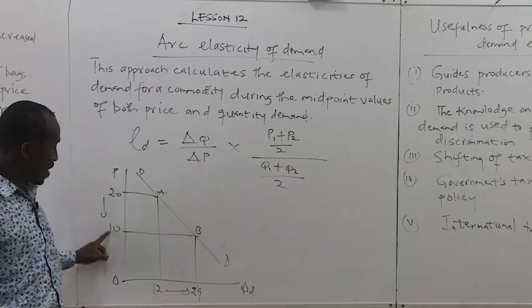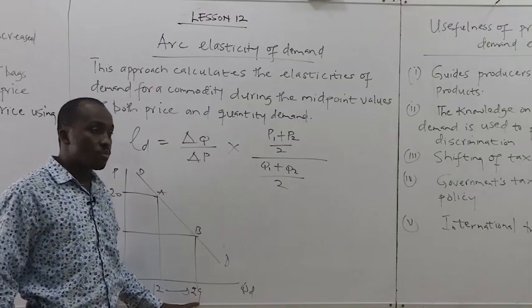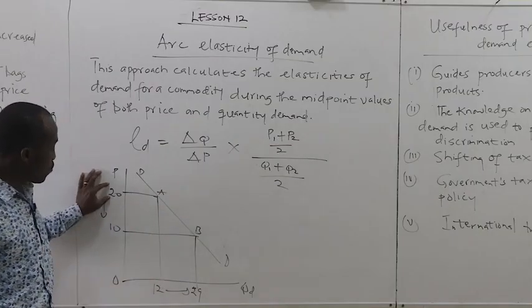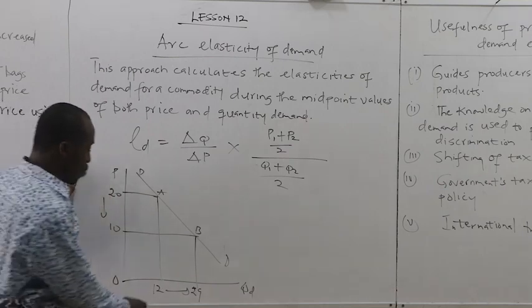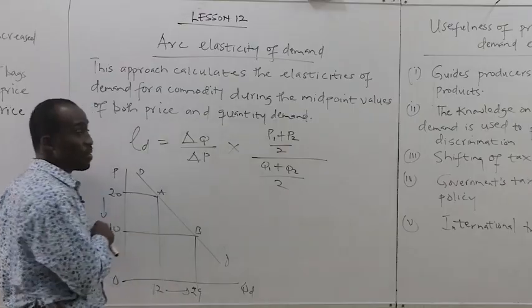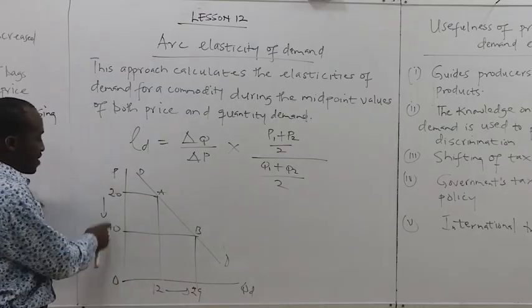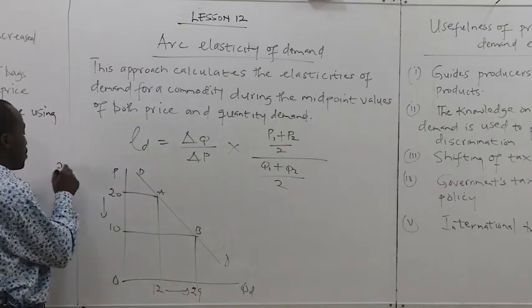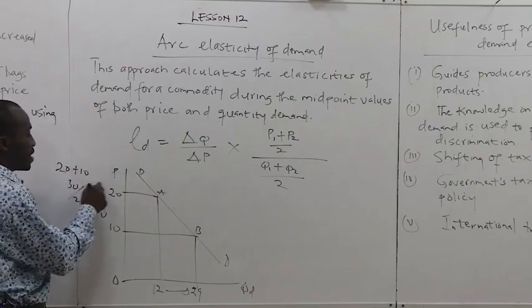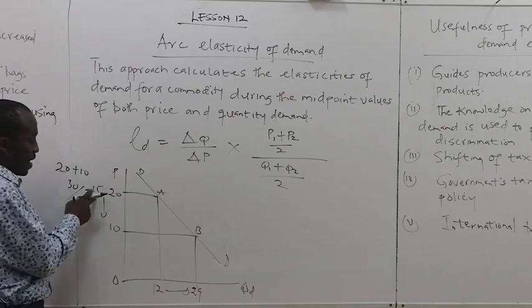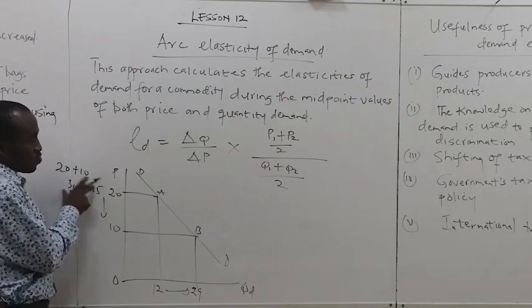The price reduced to 10, the demand goes to 29. So this is the old price, this is the new price, this is the old quantity, this is the new quantity. If you are finding the midpoint, you add 20 plus 10, it gives you 30, you divide it by 2, you get 15. So here you use the average to do the estimation.